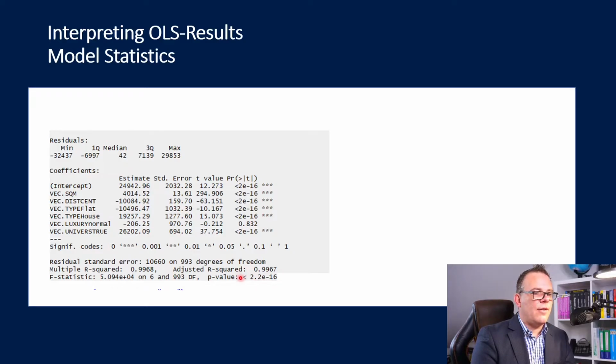It's also very, very low. Accordingly, we support the alternative hypothesis that at least one of these is significantly different from 0. And of course it is, because with one exception, they're all significant. Accordingly, we would expect a significant result here too.